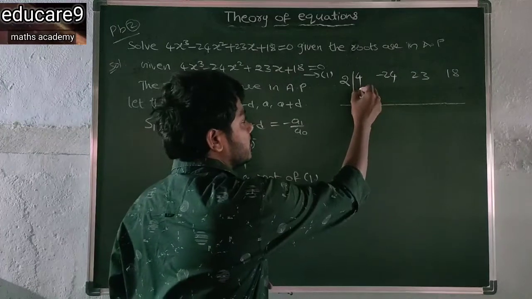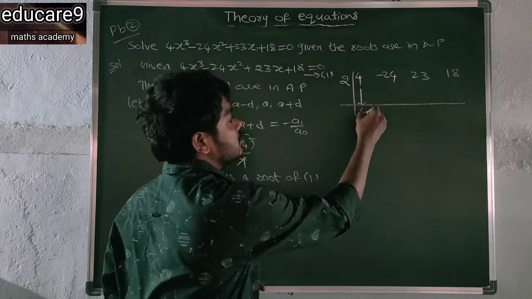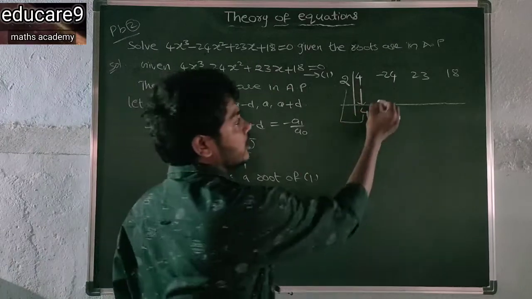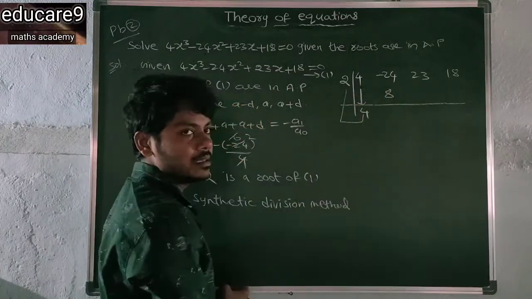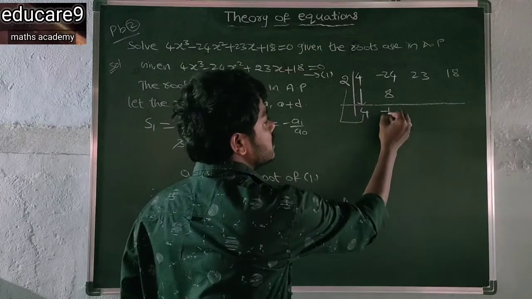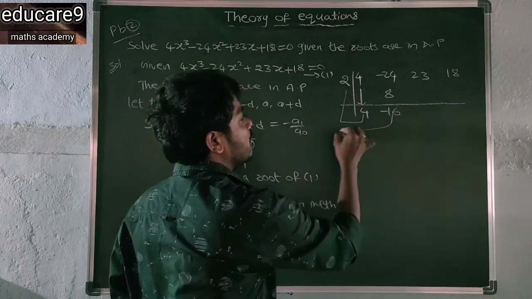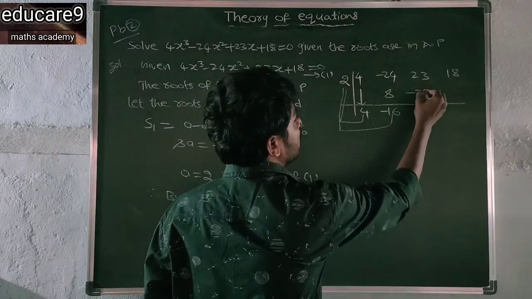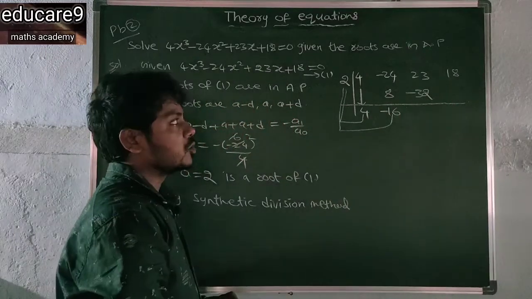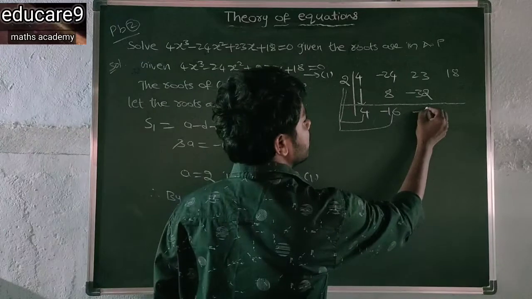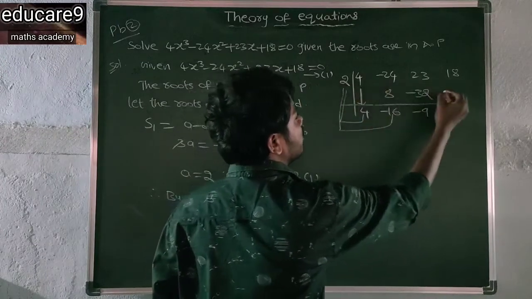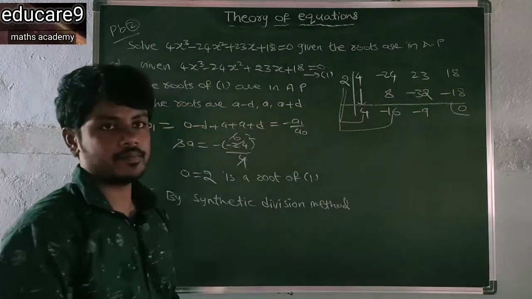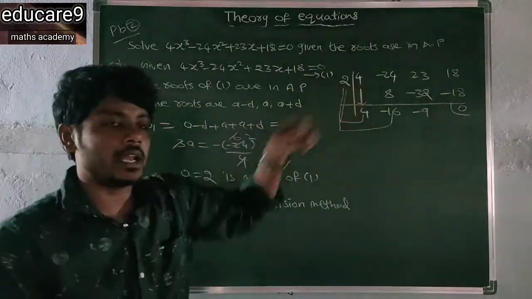So write this 4 as it is. Multiply this 4 with 2, you get 8. Now this is minus 16. Multiplying minus 16 with 2, you get minus 32. So 23 minus 32 is minus 9. Minus 9 into 2 is minus 18. So this becomes 0.